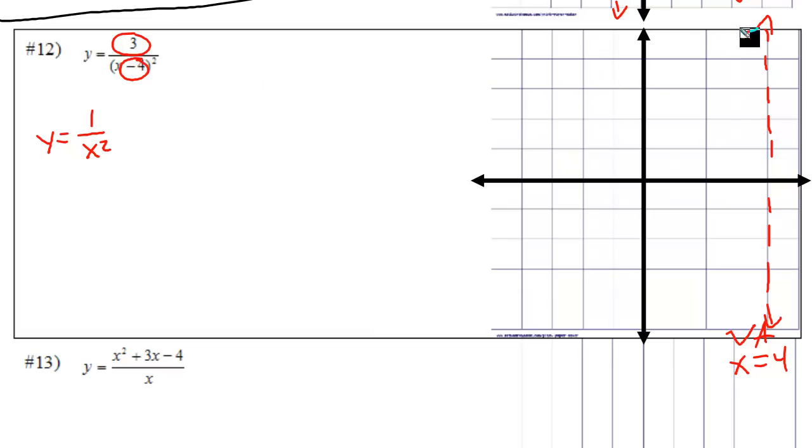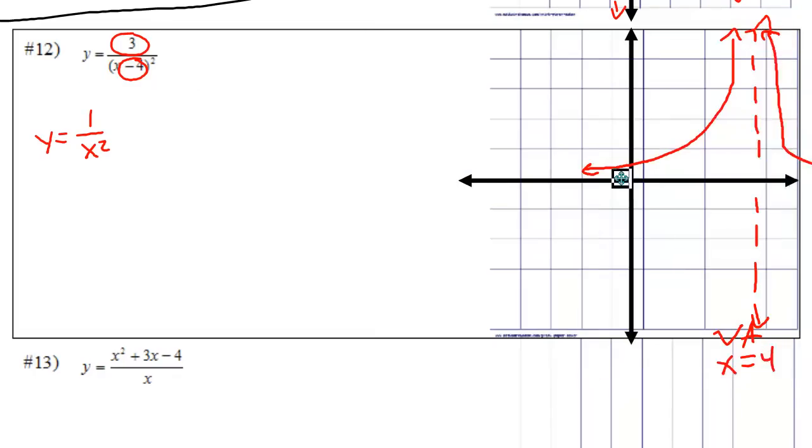Since we have this 3 here, it stretches it vertically, which means curves are a little bit more away from these asymptotes than what they normally would be. Can't see this over here on the right because I don't have enough room. But it's basically the same. And I'll tell you what I do so I can see it.